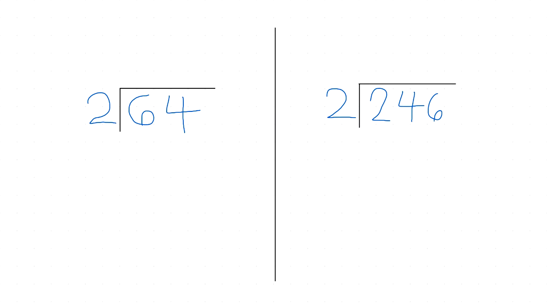First step. Now here's something that's gonna make you remember what to do. This acronym right here, D, which stands for divide, and then M, which stands for multiplication, then S, which stands for subtraction, and then B, which stands for bring down.